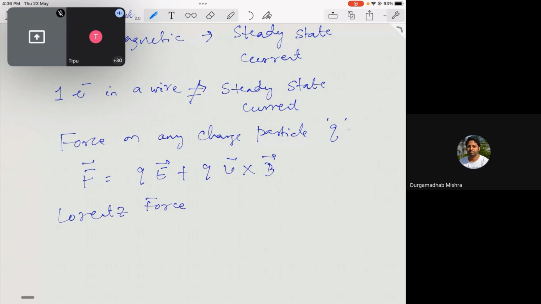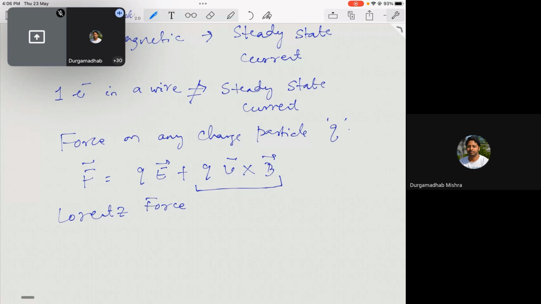This is a force that any charged particle will experience in the presence of an external electric field and a magnetic field. That means to have this magnetic force, the charged particle should have a velocity. Only if a charged particle has a velocity will there be a magnetic force.